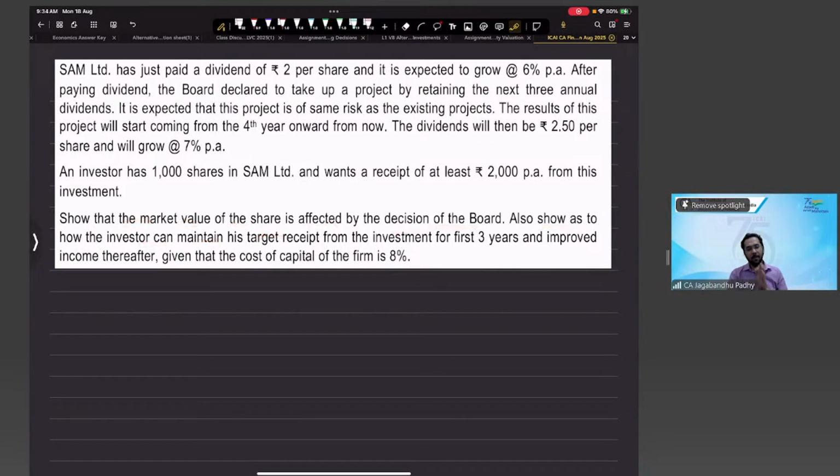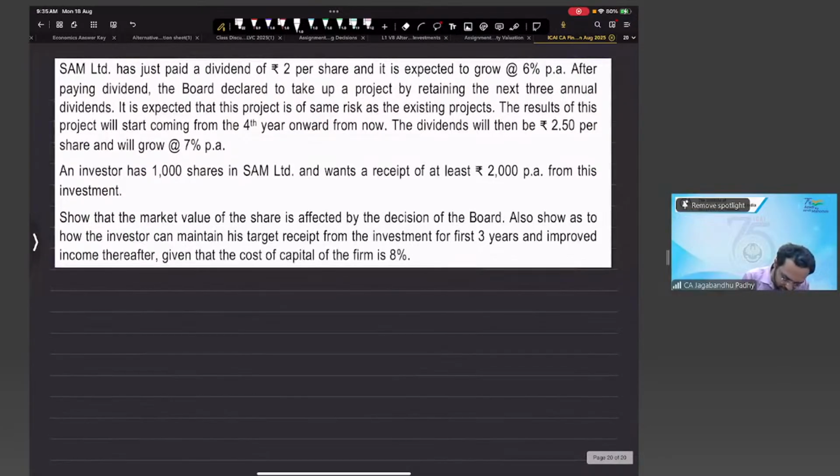So let's first look at how the market price is changing due to the decision of the board. First, let us talk of the value of the share at present.